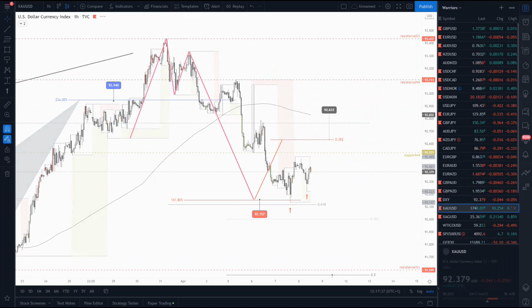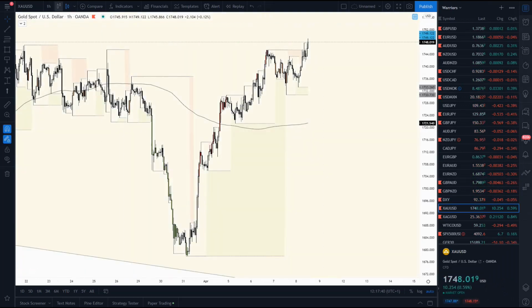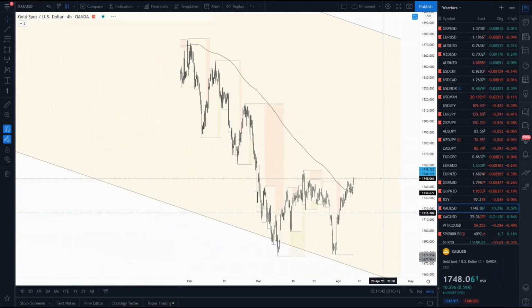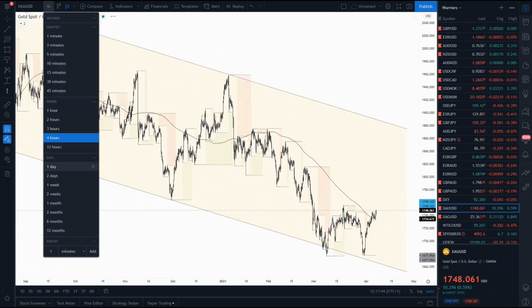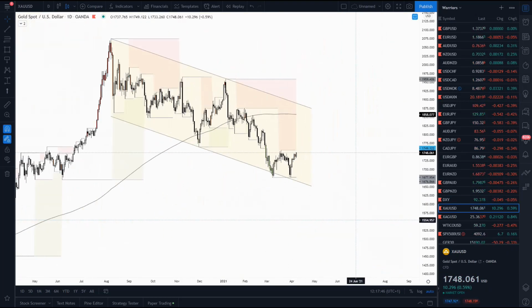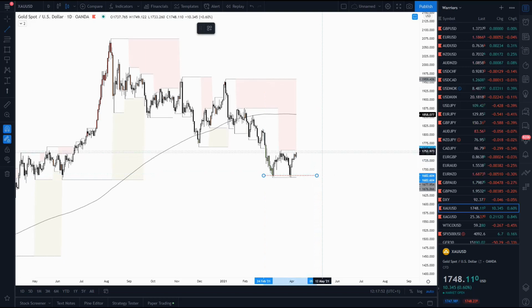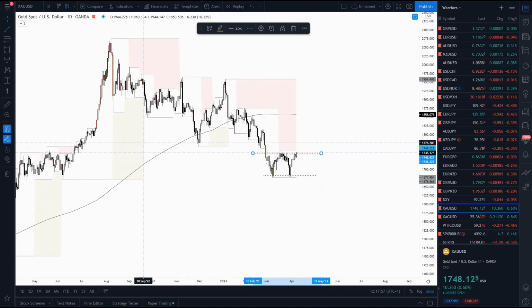Now, metals, gold. I also shared this yesterday as one eventual technical double bottom for gold, and we remain threatening the next zone.